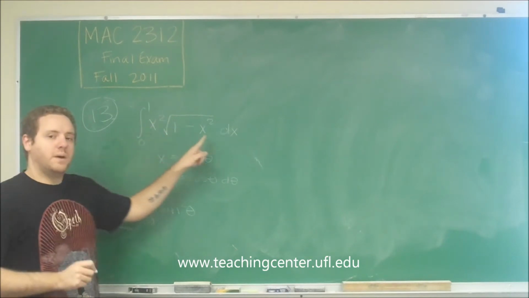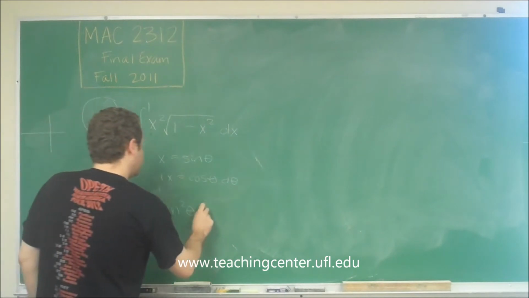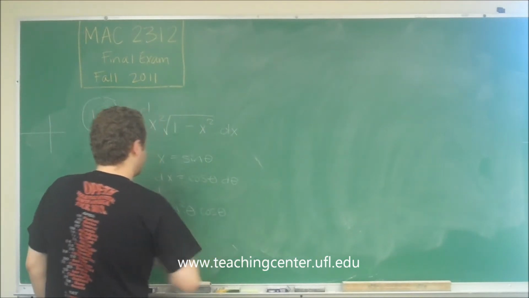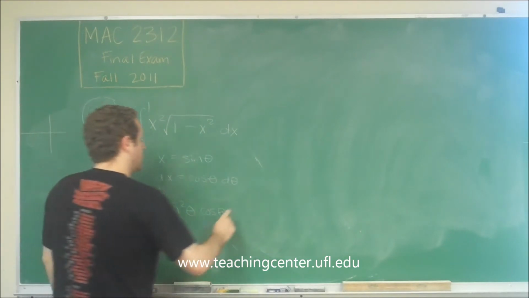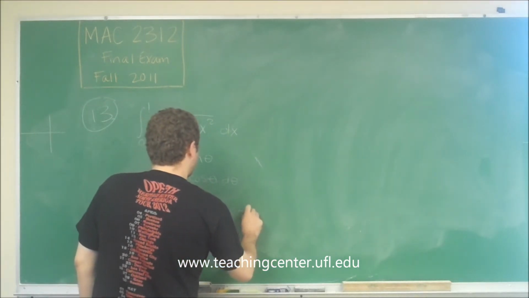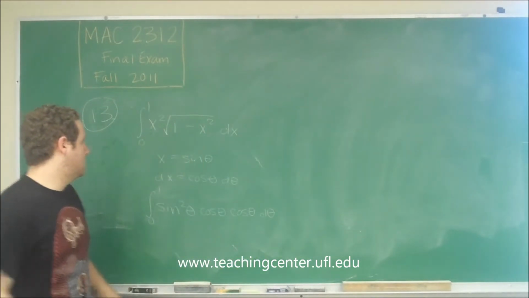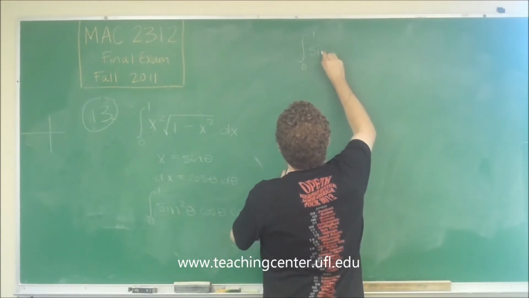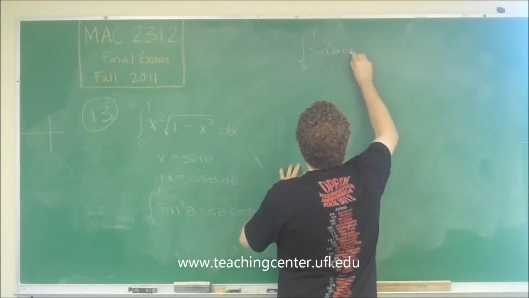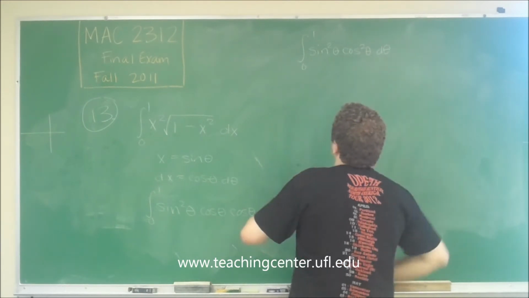Inside, we're going to have 1 minus sine squared, which would be cosine squared, and when you take the square root of that, you're going to get cosine theta. And finally, the dx would give you cosine theta d theta. So when we put all that together, we're going to get sine squared theta cosine squared theta d theta.